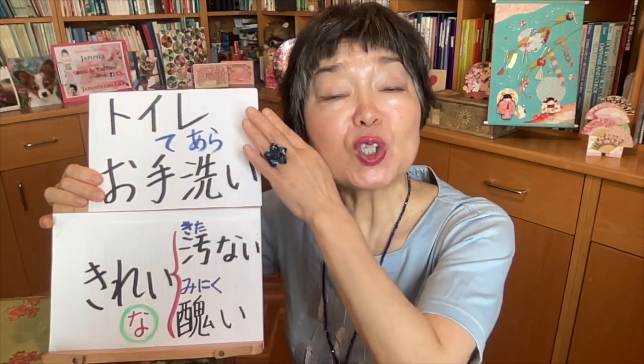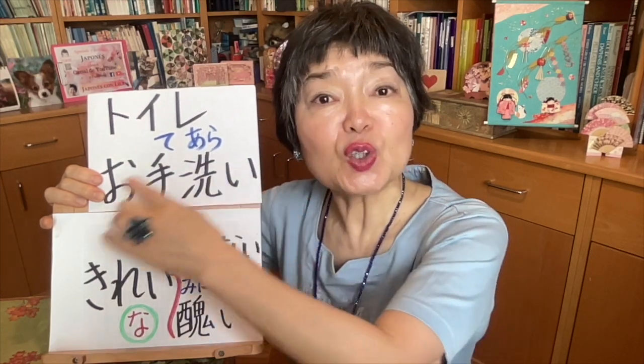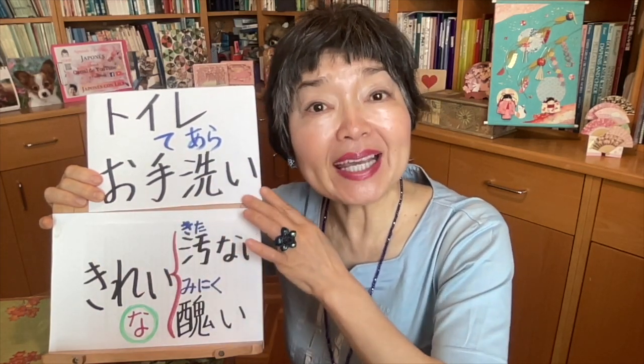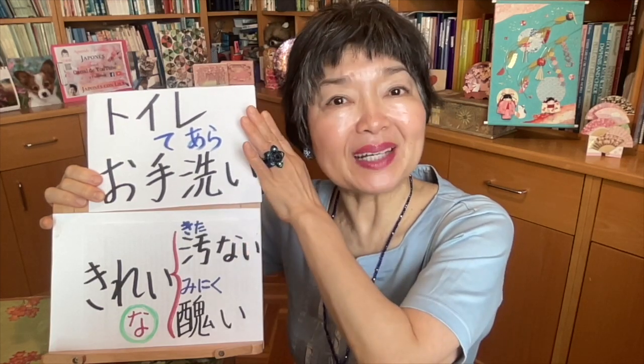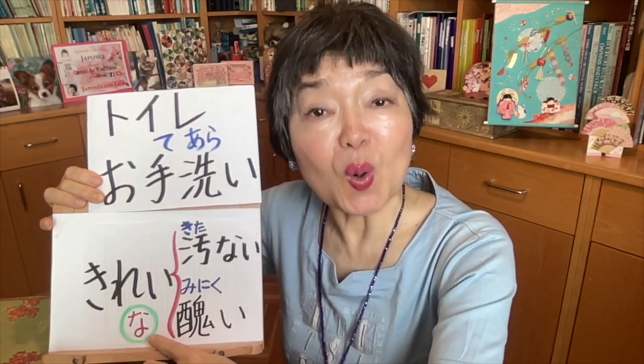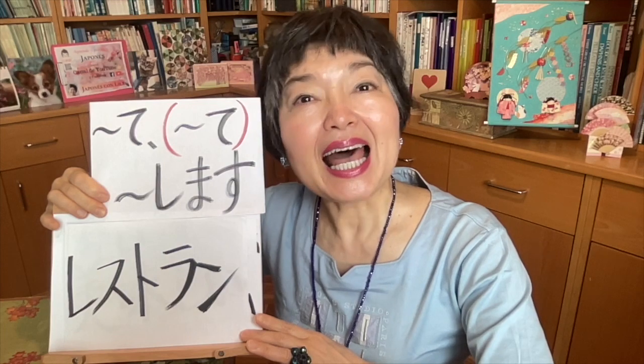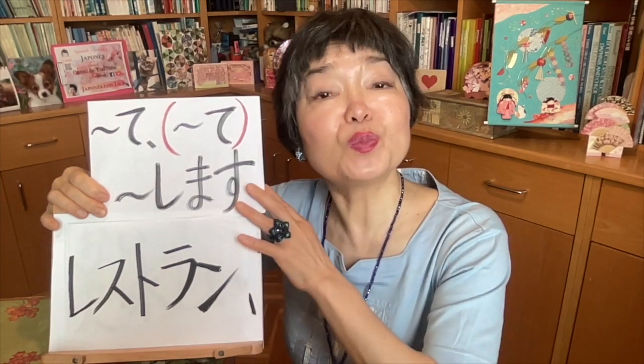Bathroom, we can say トイレ or お手洗い. The difference is お手洗い is more elegant than トイレ. But anyway, the meaning is the same place. きれい, this is beautiful. I told you before, beautiful. But there's also another meaning, clean, きれい. トイレがきれい. At first, I'm gonna make a sentence using で.